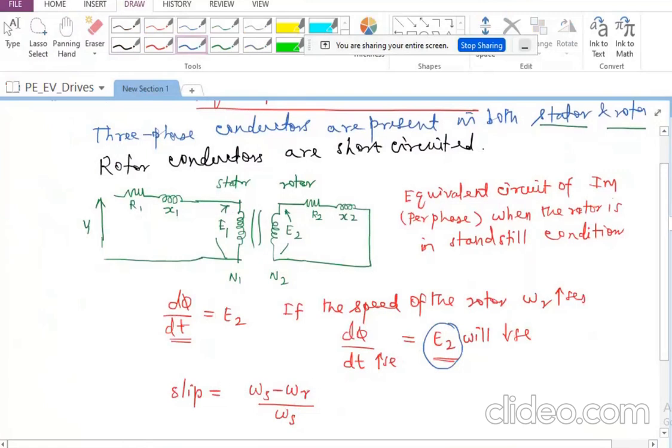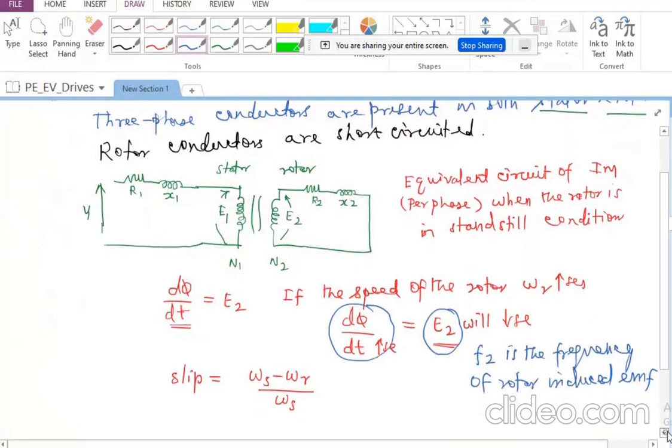And not only that, if the rate of change is decreasing, the frequency of the induced EMF, F2, the frequency of the rotor induced EMF, is also going to decrease. The frequency will decrease, the magnitude will also decrease.